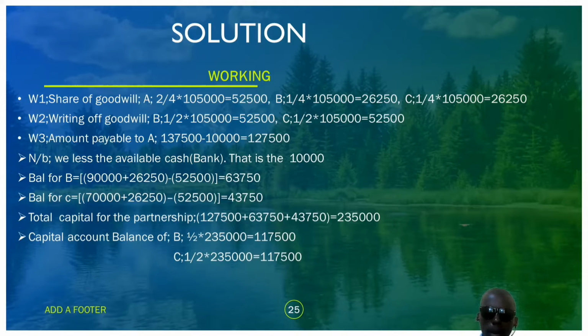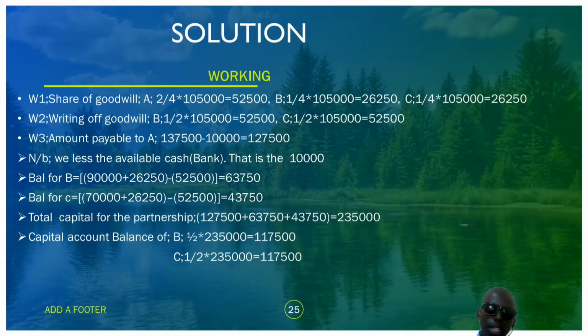We first of all look at the total amount of capital required, so that we can share it among the two, so that we can see the deficit that they should introduce. I think I've been understood.